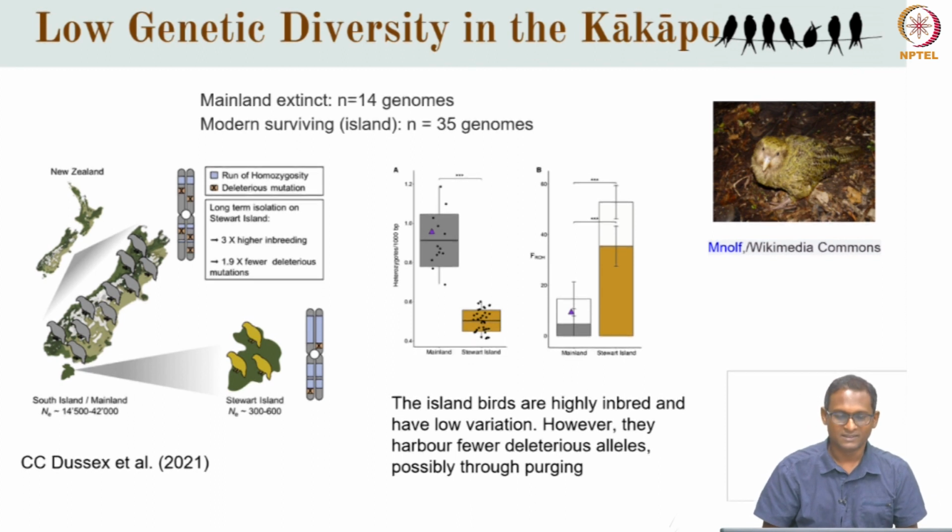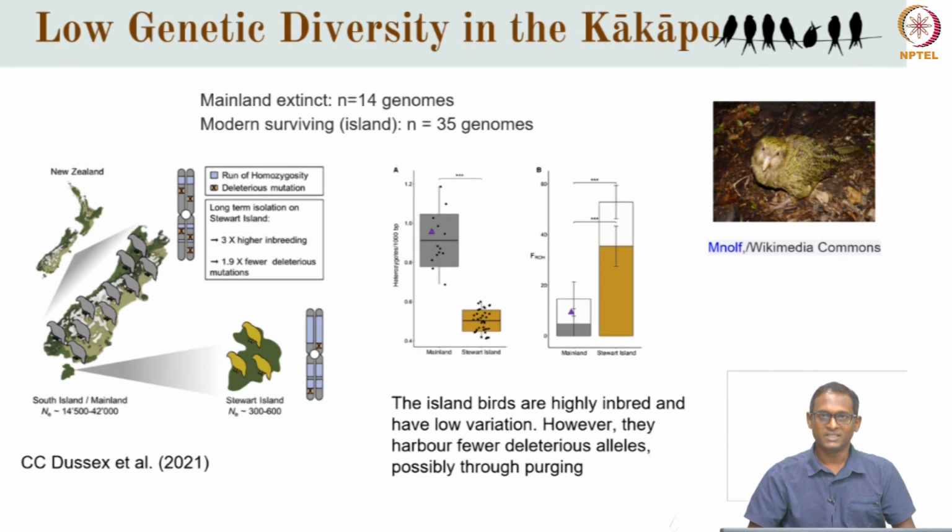And what they find is that there are effects of inbreeding, this aspect called ROH, which is runs of homozygosity, that is more in the isolated population, which is highly inbred, but there was not as much deleterious mutation that they found in these Stewart Island populations. So one possibility is something called purging, where deleterious alleles are purged out of the genome, but that's just speculation.